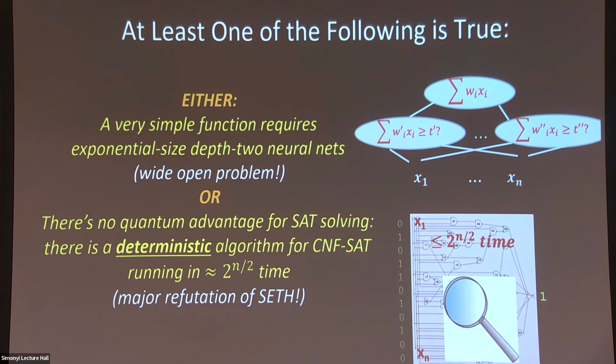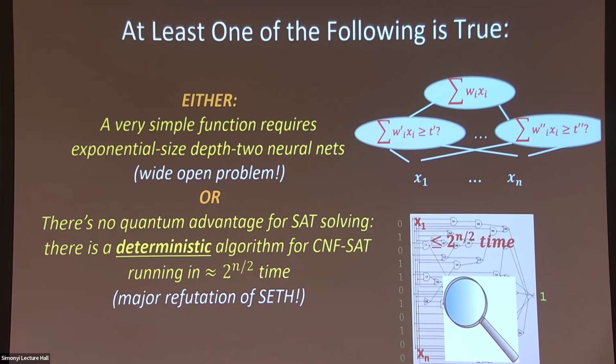In fact, having sub-exponential size depth-2 neural nets for this simple function would solve the orthogonal vectors problem in linear time, which would be a major refutation of SETH. It's such a strong SETH algorithm that it itself implies circuit complexity lower bounds. So you get a circuit complexity lower bound in either of the disjuncts.